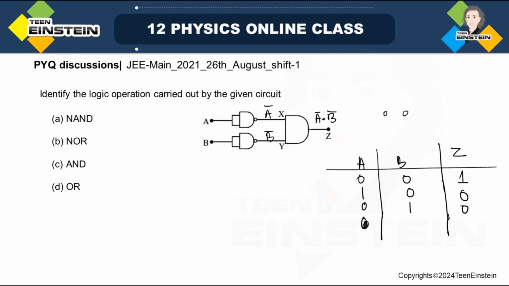So here there are no bubbles. That means this is fine. So we need to know the truth table for NAND gate.